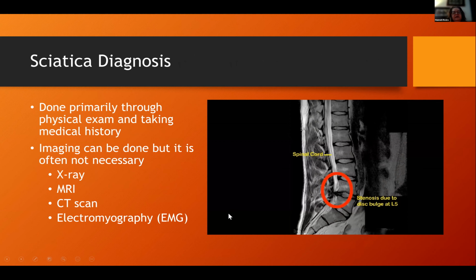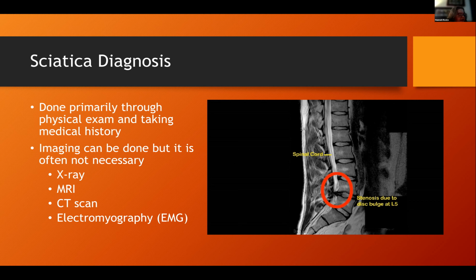So how is it diagnosed? Well, it's done primarily through a physical exam and taking a medical history. During the exam, the doctor may be able to pinpoint the irritated nerve through physical examination. They may ask patients to perform specific movements such as squatting or rising, walking on your heels and toes, and performing a straight leg raising test or other tests.